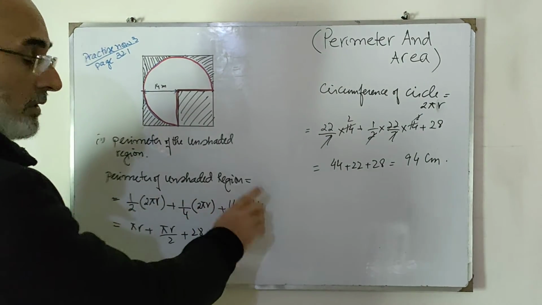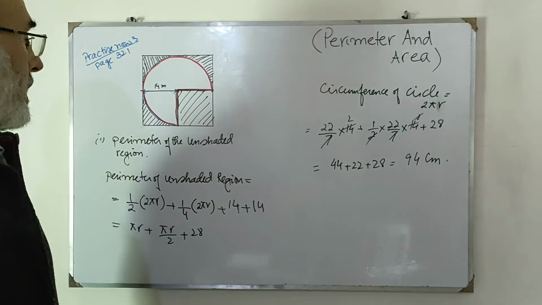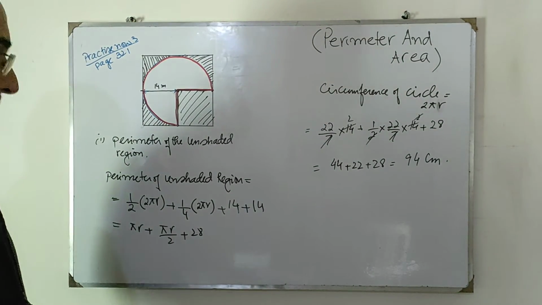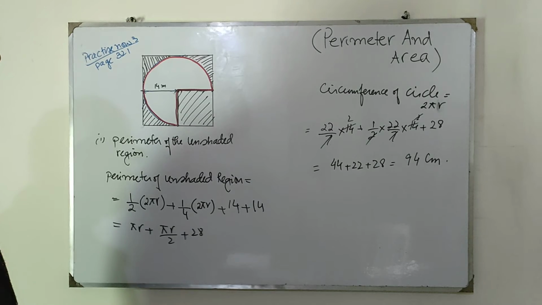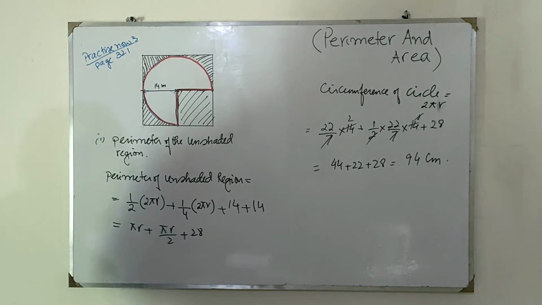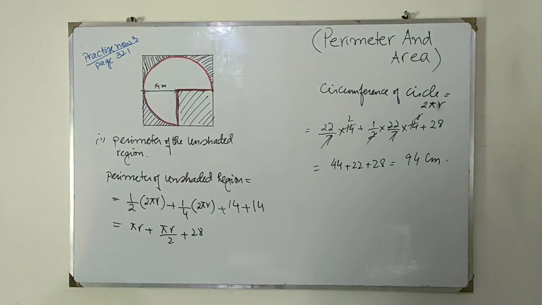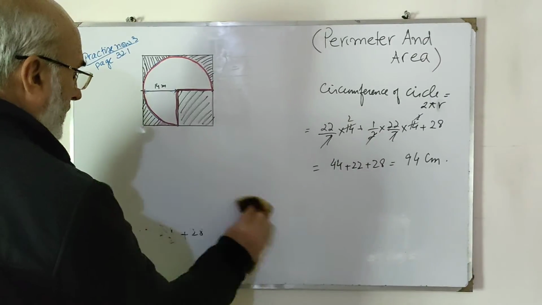Okay, so we have now the perimeter of the unshaded region. Now suppose we have to calculate the area of the shaded region, right? So the second part is to calculate the area of the shaded region. So now move on to the second part.